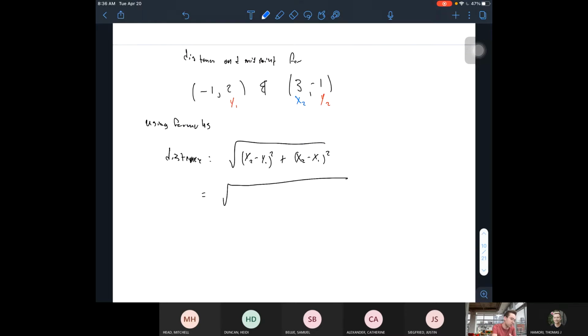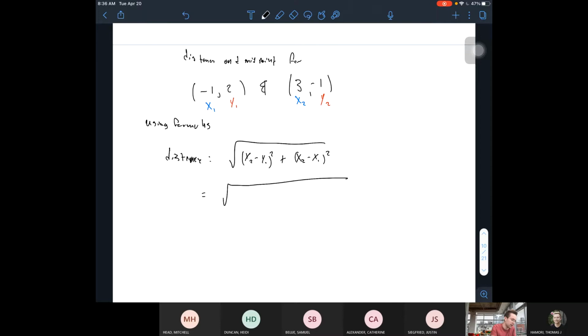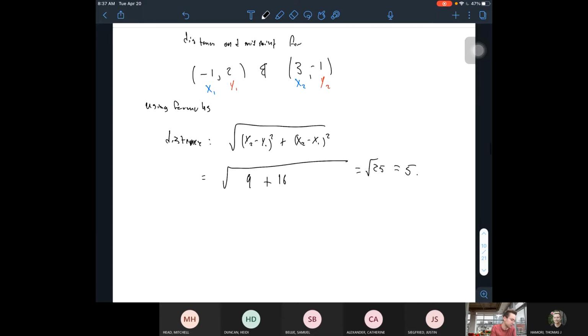The x-coordinate of the second point, and then x1 will be the x-coordinate of the first point. Okay, so if we plug those all in, we'd get -1 minus 2 is -3, squared is 9, plus, well, x2 is 3, so we take 3 minus -1, which is 4. Square that, we get 16. And then this is the square root of 25. So these points are exactly 5 units apart.